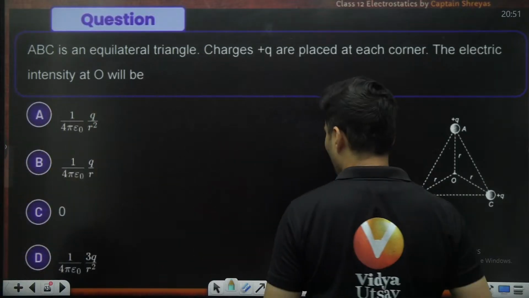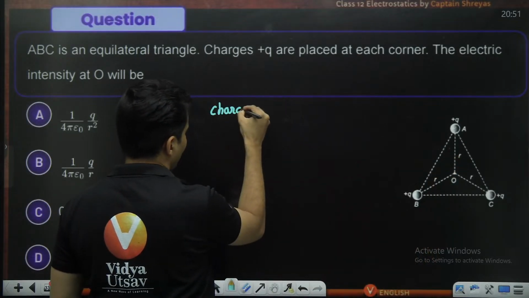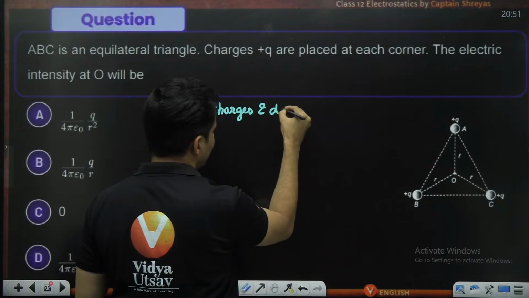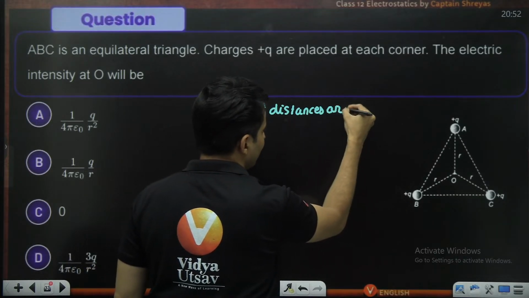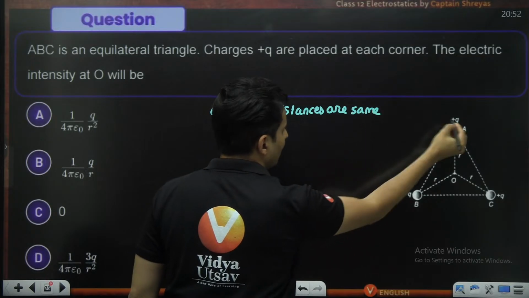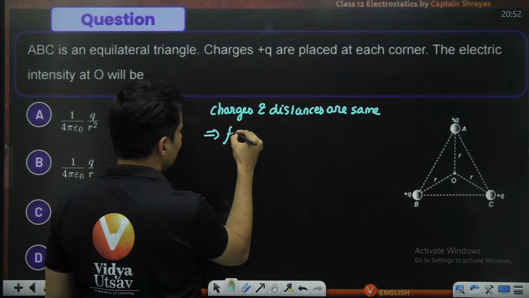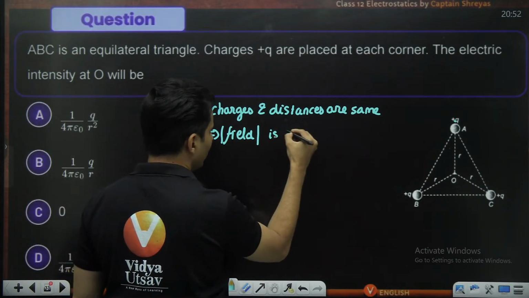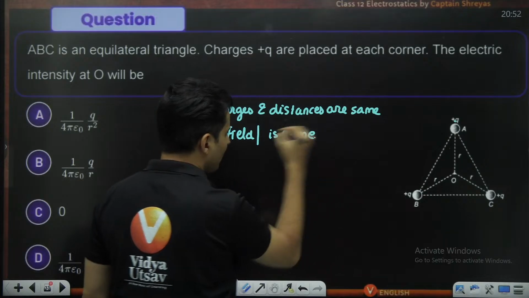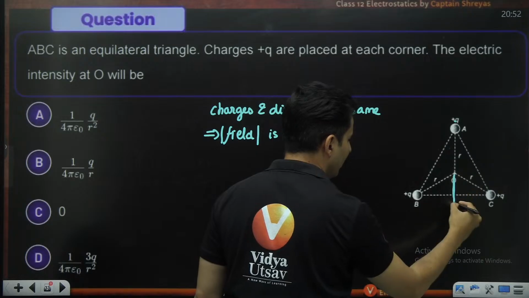Think, guys, logically. Charges and the distances are the same: Q, Q, Q, R, R, R. That means the field magnitude is going to be the same. Due to this charge, the field will be, let's say, here.